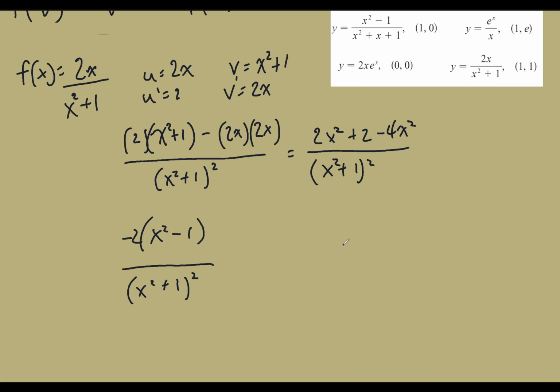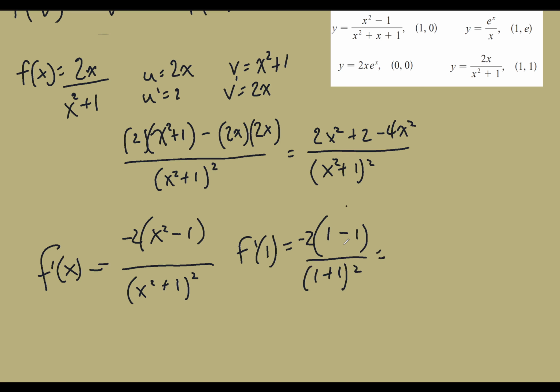What do we have for our x values? Because we need to find our f prime, right? And we're looking for f prime of 1 to get the slope of the tangent line. So that's negative 2 times 1 minus 1 over 1 plus 1 squared. So since this is 0, this is all 0, and our answer here is going to be 0.